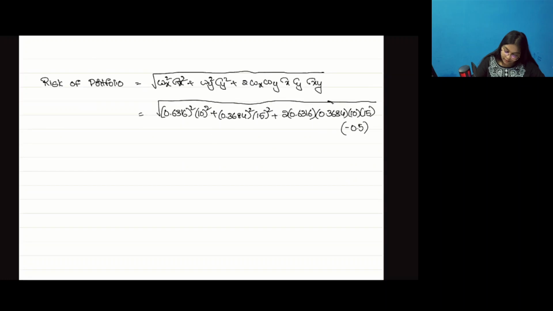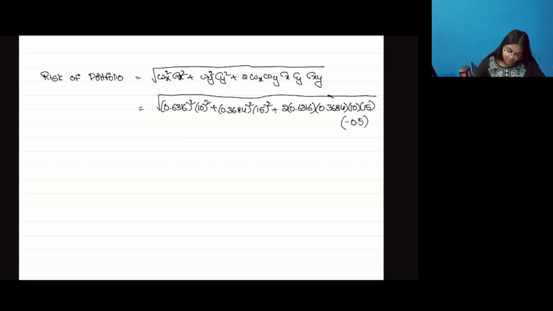or we can directly take covariance also, minus 75.